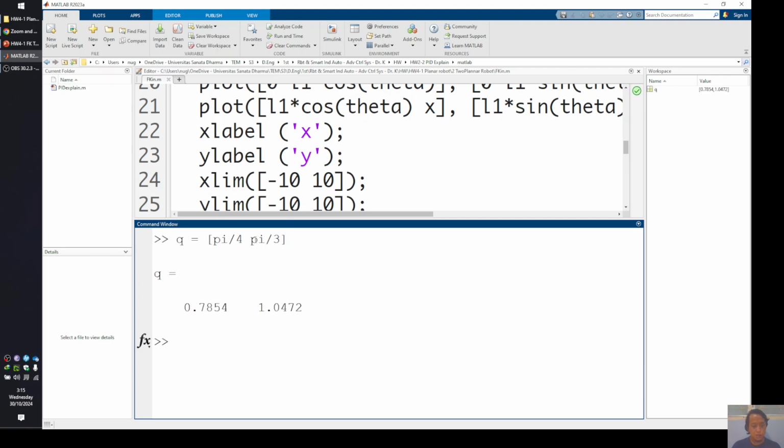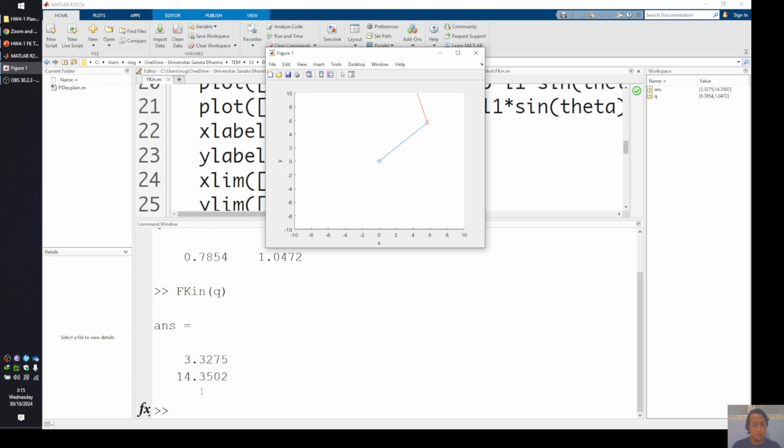We know these values, and then we will call the forward kinematics on Q, and this is the answer.